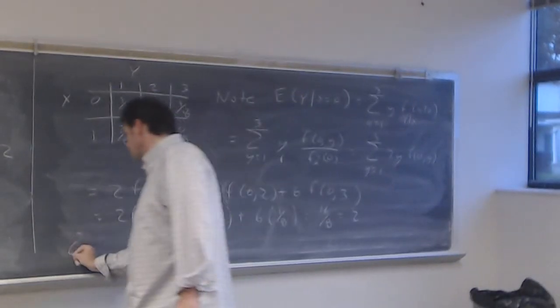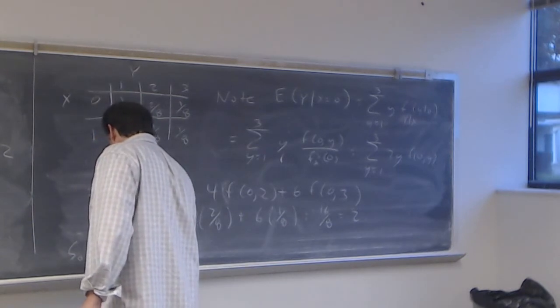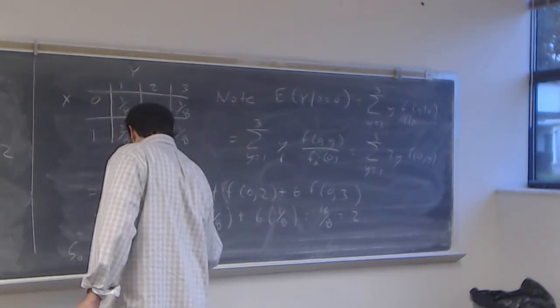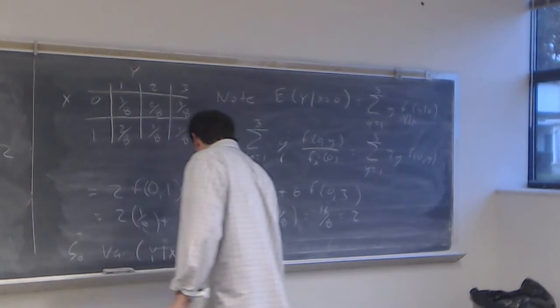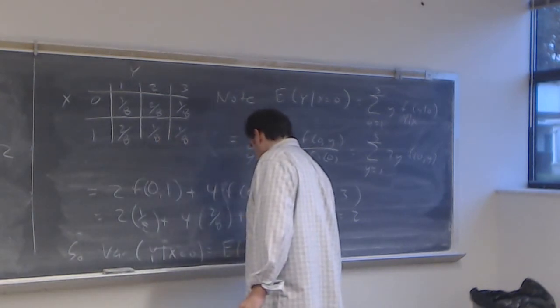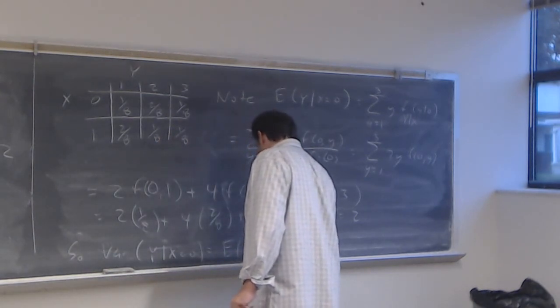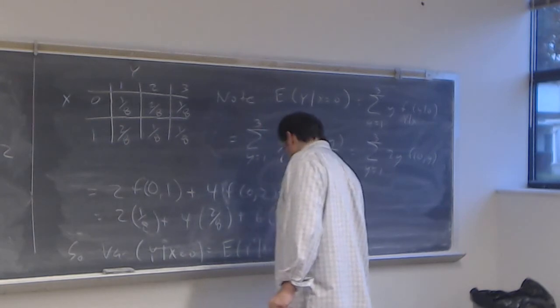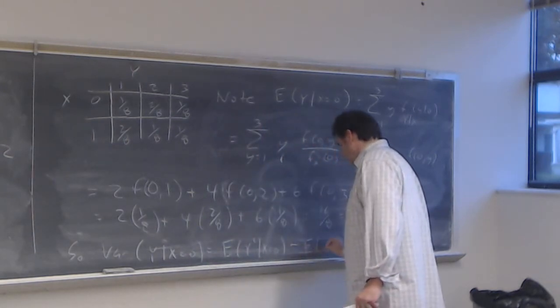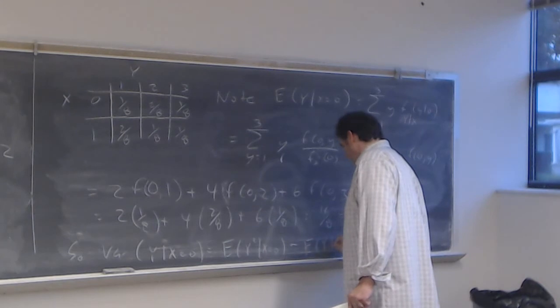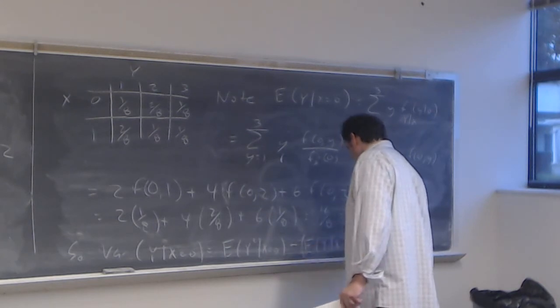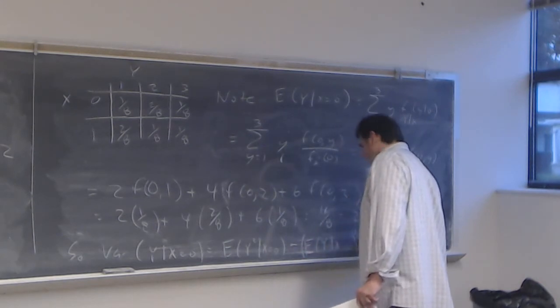So the conditional variance of y given x equal to 0 is equal to the expected value of y squared given x equal to 0, minus the conditional expectation of y given x equal to 0, quantity squared.